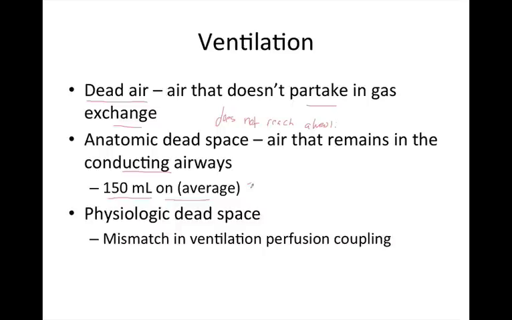Now, physiologic dead space is a little bit different. This essentially is a mismatch in ventilation perfusion coupling. Let's say we were to make a graph here real quick, and let's say this was breath rate and this was heart rate.